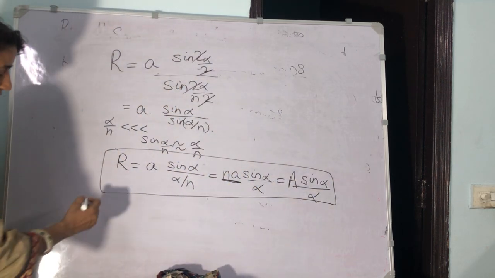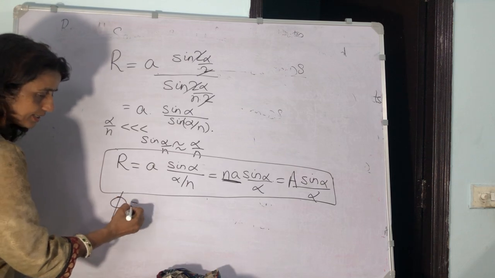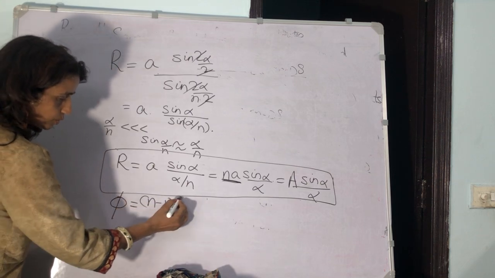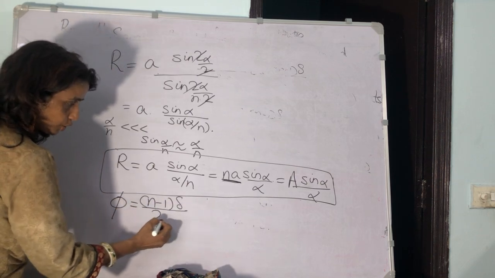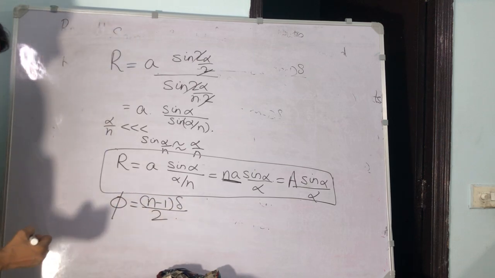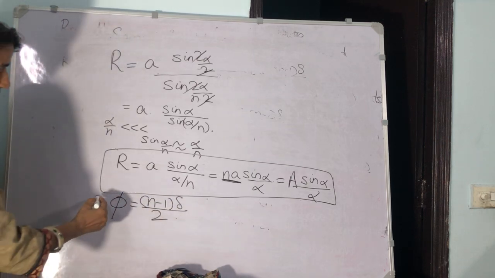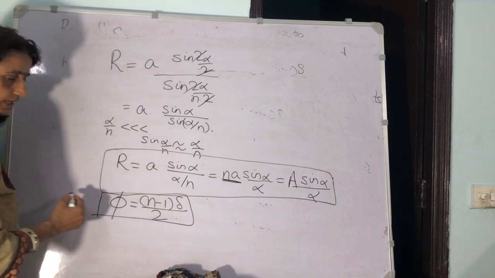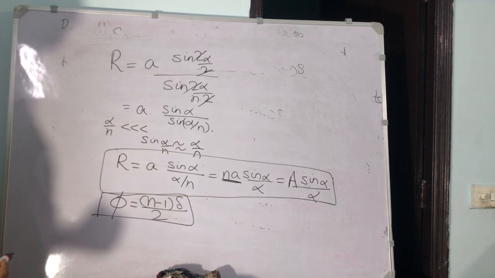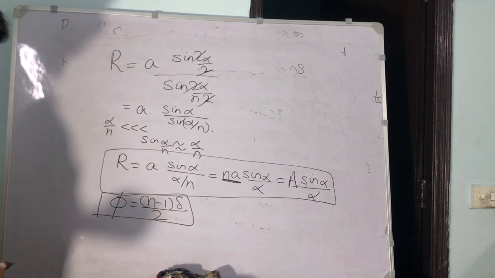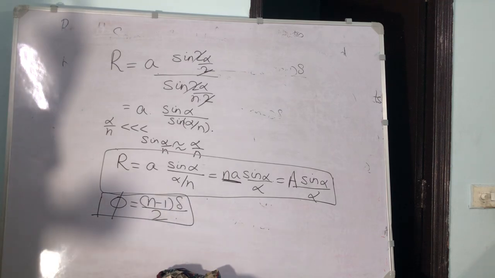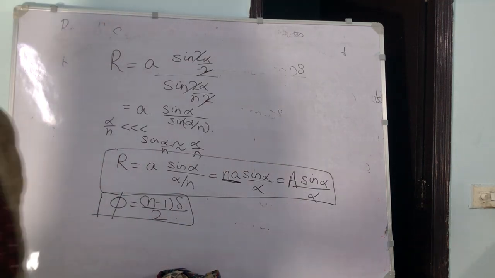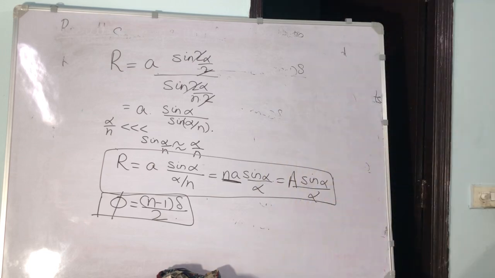And the phase φ is equal to (n−1)δ upon 2, and these expressions give us the resultant and phase of n simple harmonic vibrations of equal amplitude and period and increasing in arithmetic progression.